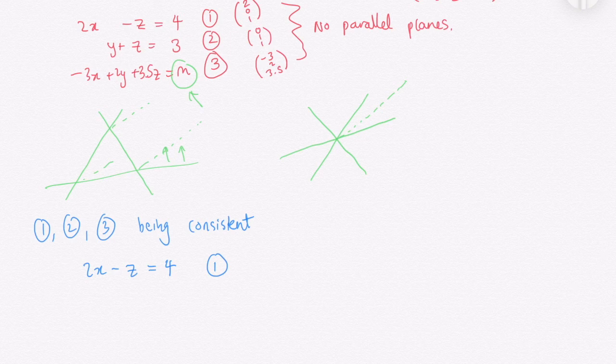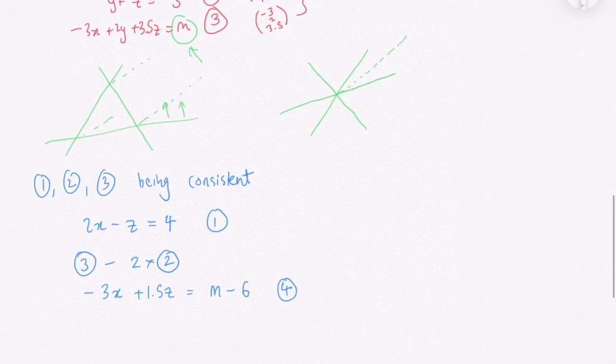I can do this by doing equation 3 subtract 2 lots of equation 2, and this will give me negative 3x. 2y subtract 2y is 0, which is exactly what we wanted, and then we have 3.5z minus 2z, which is plus 1.5z, equal to m subtract 2 times 3, which is 6. Let's call this equation 4.